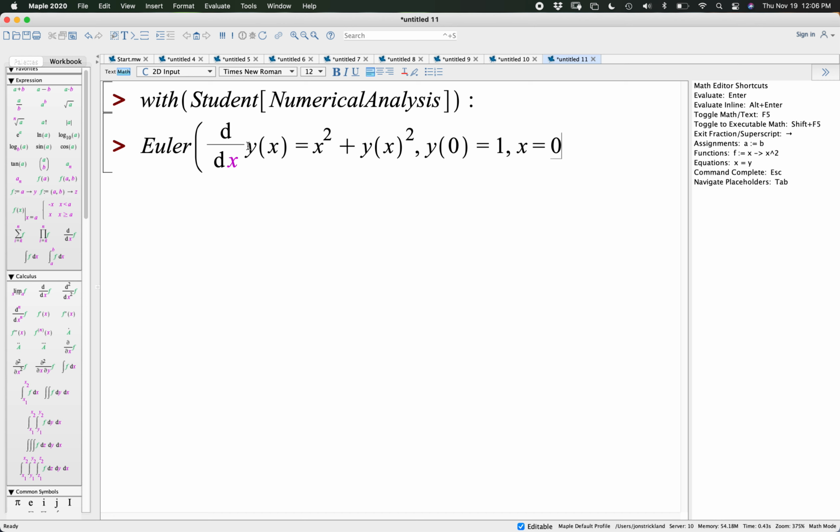And we're looking at, again, the destination value of x to be at 1/2. And for the step size, we'll just let this be 0.1, and num steps at 5.